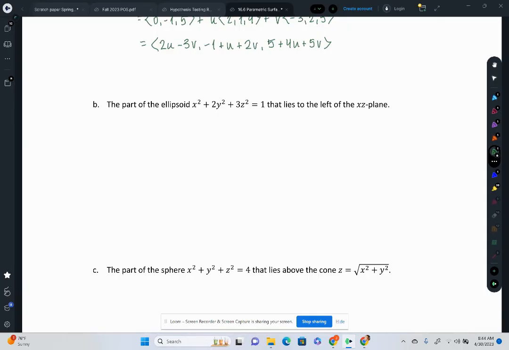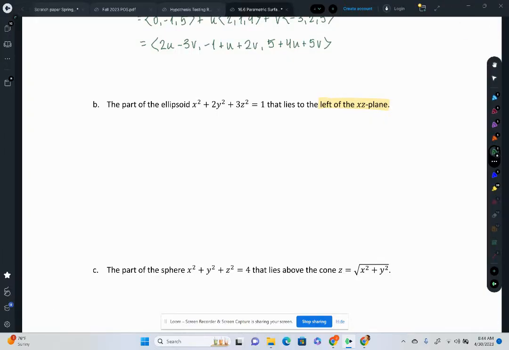We weren't given an ellipsoid as one of the common parametrizations. And so that's problematic. What we are given here, though, is that it lies to the left of the xz plane. So what we have to realize is what implications there are to something being just to the left of the xz plane.